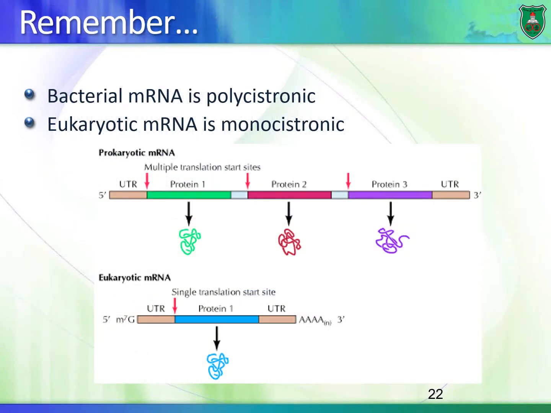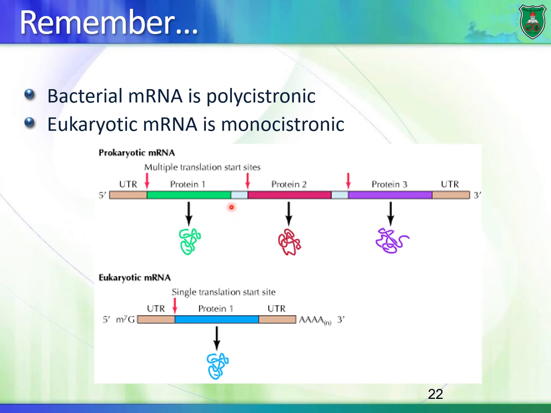So remember that bacterial messenger RNA is polycistronic. So you have different parts of messenger RNA that can produce different polypeptides. Each one of them has an AUG right here. So here you have AUG, right here you have AUG, and right there you have another AUG.